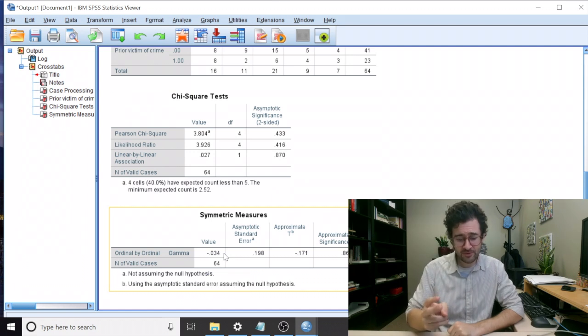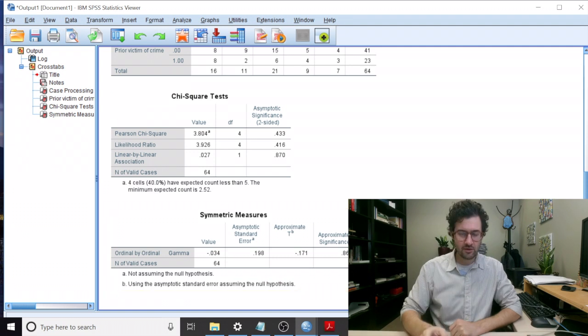Two ordinal variables, and we have this negative gamma value. This tells us that there's a negative relationship between prior victimization and fear of crime around campus and the surrounding areas after dark. We can also use this statistic to assess the strength of the relationship between these two categorical variables. So here the gamma coefficient equals 0.034.